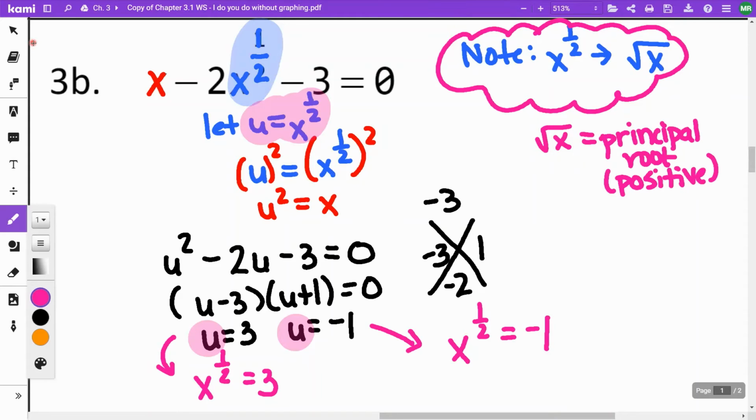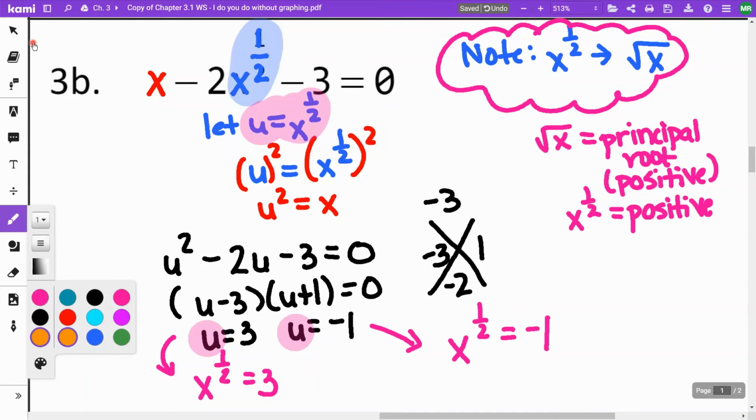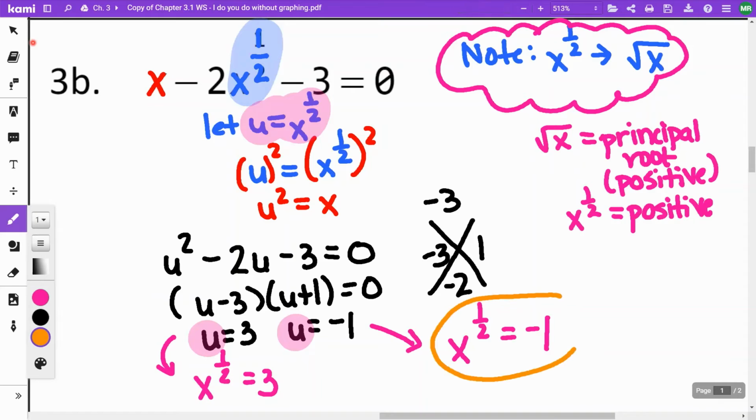So when I have this x to the 1/2, that also has to be positive because it's really the same thing. So why am I saying that? Because right here, it's equal to a negative. So this one here, no solution. That's not going to be part of my answer. I don't even have to deal with that one.